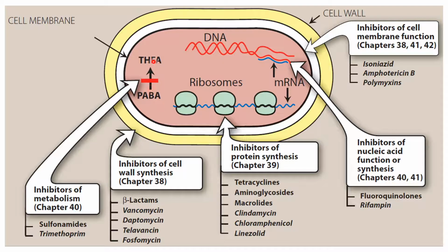synthesize tetrahydrofolic acid, and because the tetrahydrofolic acid is not permeable through the bacterial cell wall and cell membrane, and human cells will not synthesize folic acid, because humans obtain folic acid from the food, so it is a vitamin.